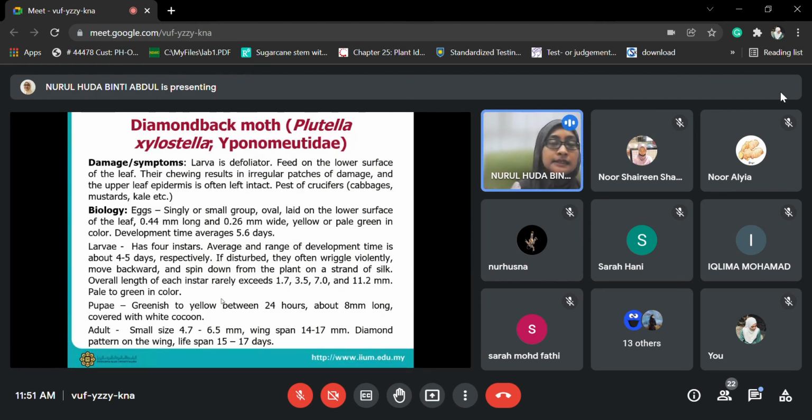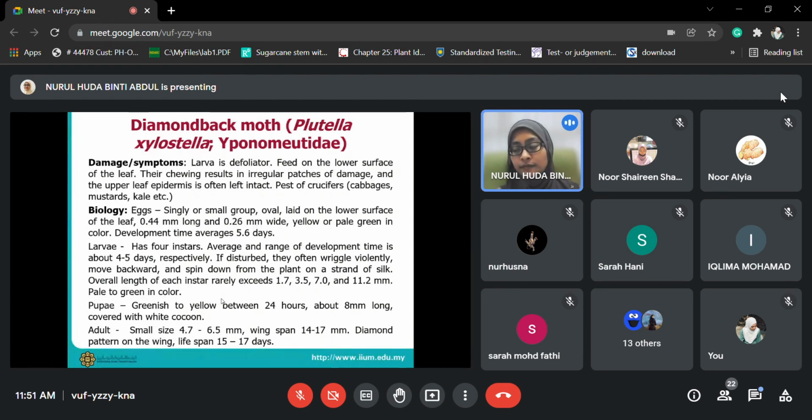But instead of falling into the soil and so on, it is usually hanging with a strand of silk. Meaning it has, how to say, not netting, it is like a fine thread hanging. The silk is produced by the larvae itself.